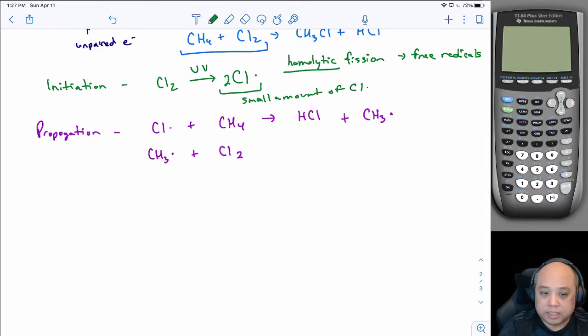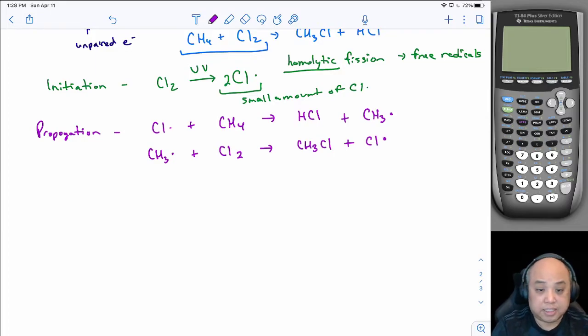It doesn't react all of the Cl2 into Cl free radical. It makes a small amount, which then starts the reaction going. So you still have plenty of Cl2 in your system to react with a CH3 to form CH3Cl plus Cl free radical. Those two steps help propagate and make more free radicals, and also, as a byproduct, make more of the product that you're desiring, which is CH3Cl.